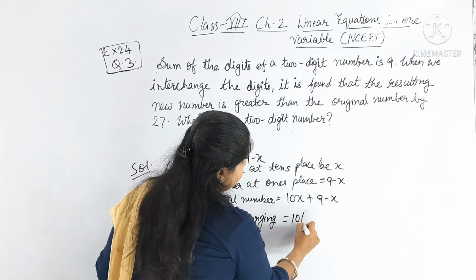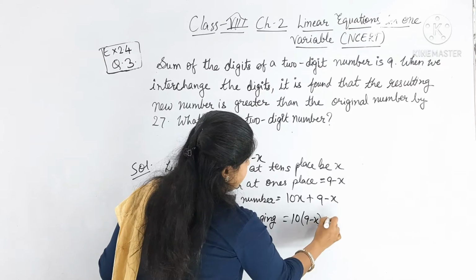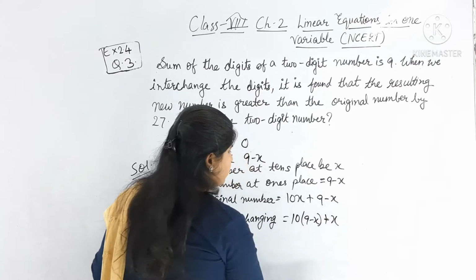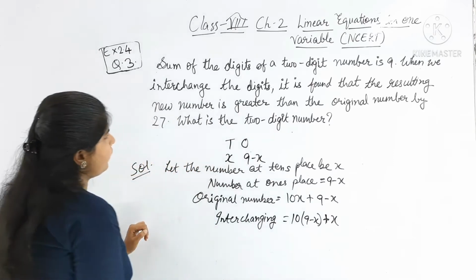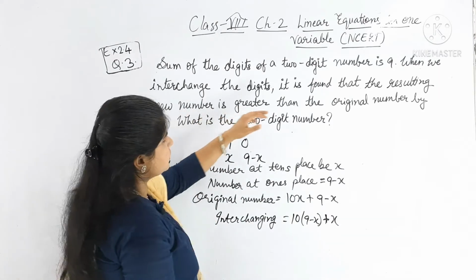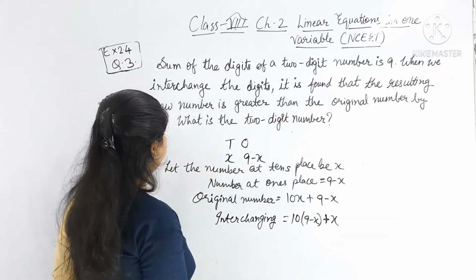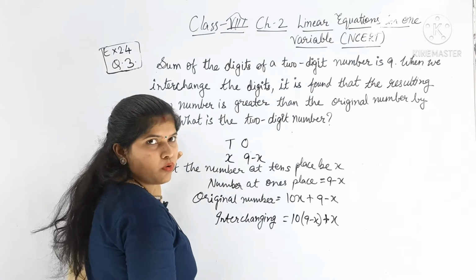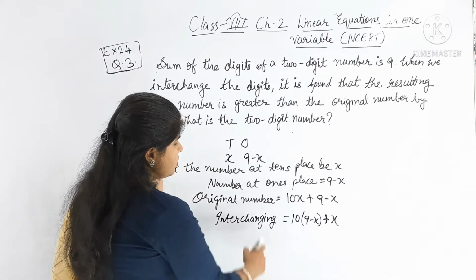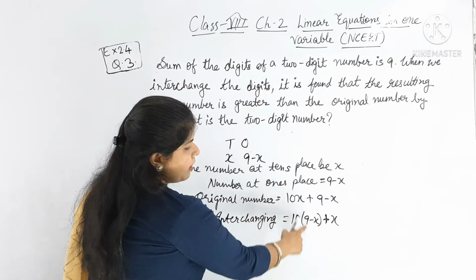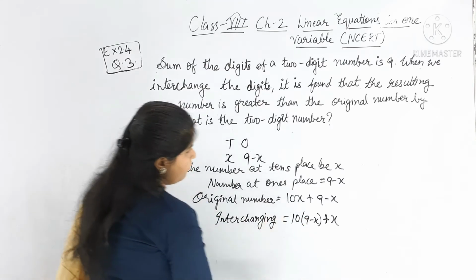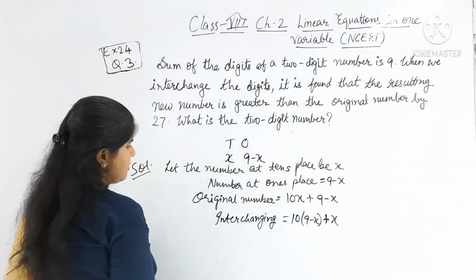It is 10 into 9 minus x plus x. After that, what is given in the question? The new number is greater than the original number by 27. So what is our original number? This one. And it is greater by 27. So we have to write the equation like this.